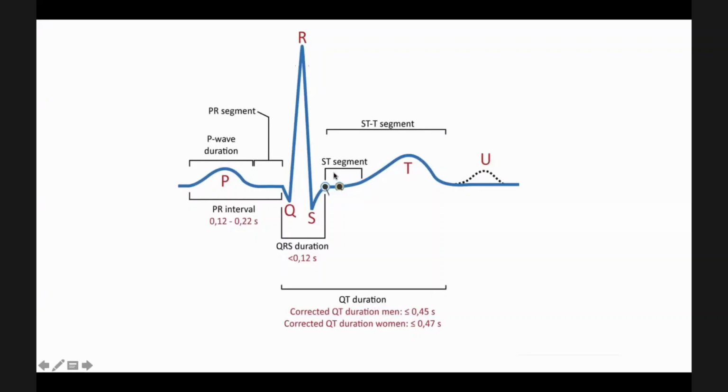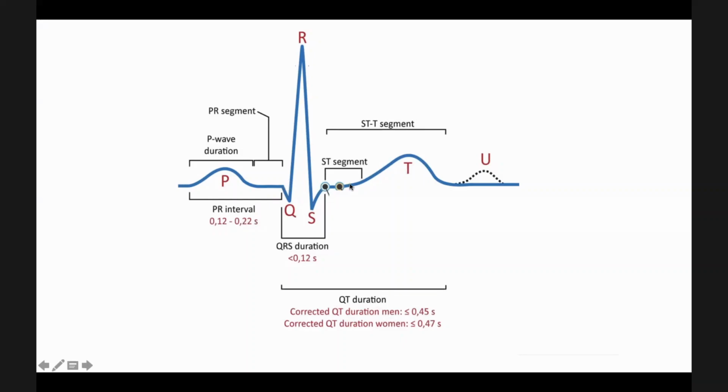The ST segment is important in certain situations, such as ST depression, which we'll discuss, usually in ischemia. You have also heard about QT prolongation. A prolonged QT is important because sometimes it can lead to ventricular tachycardia.